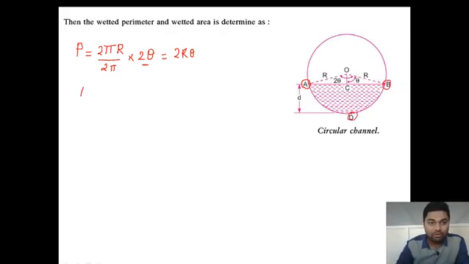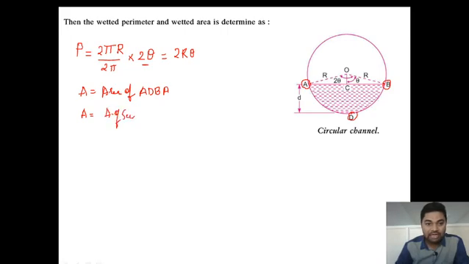So the area of flow A is equal to the area of minor segment ADBA. The area of minor segment ADBA can be determined from the area of sector.